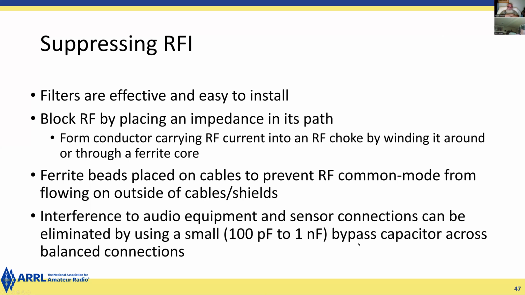So at audio frequencies, it looks more or less like an open circuit, but at radio frequencies, it looks like a short circuit to ground, so that the undesired radio frequency energy is conducted right to ground and doesn't get into your equipment.